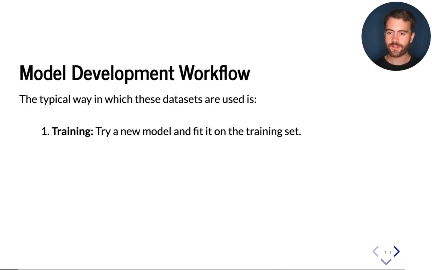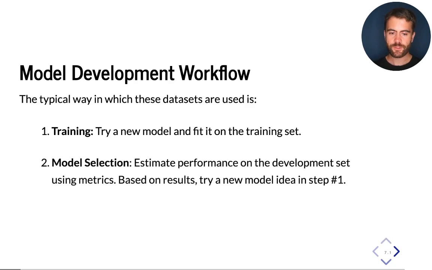These three data sets define the following workflow for building and iterating upon machine learning models. Normally when we begin building a machine learning model, we start with an initial idea and then we fit it on the training set. Then we observe its performance on the development set, and we use metrics to evaluate its performance on the development set, which is a set that is distinct from the training set.